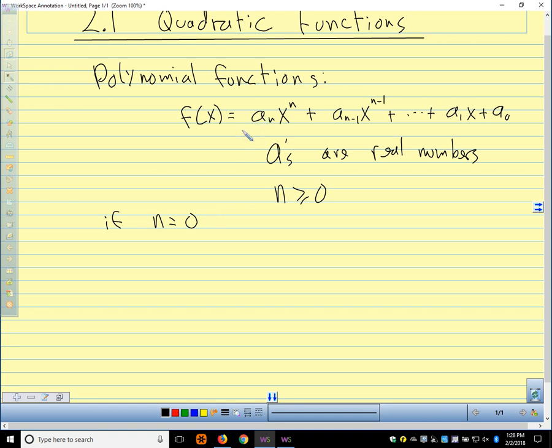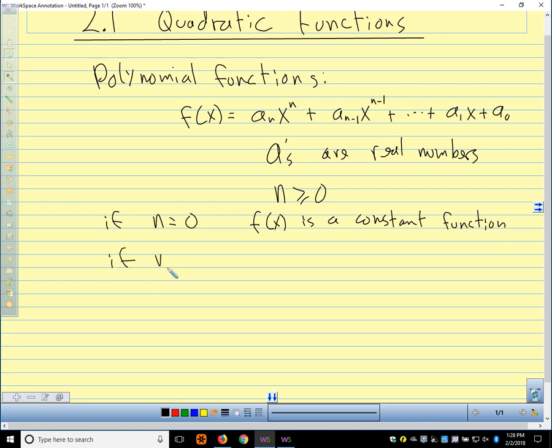What kind of function is that? f of x equals 5. f of x equals negative 7. Yeah, it's a horizontal line. It's a constant function. Not a very interesting function. Not much happens with constant functions.